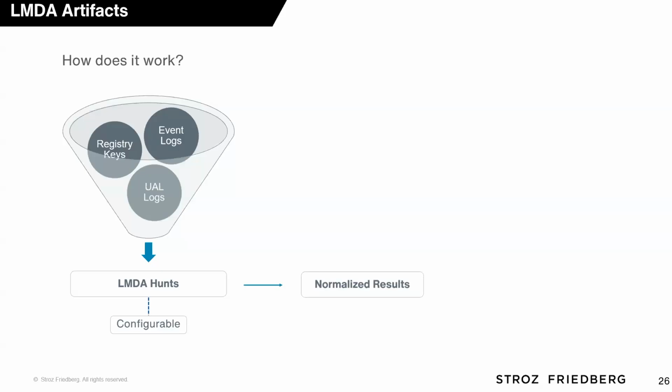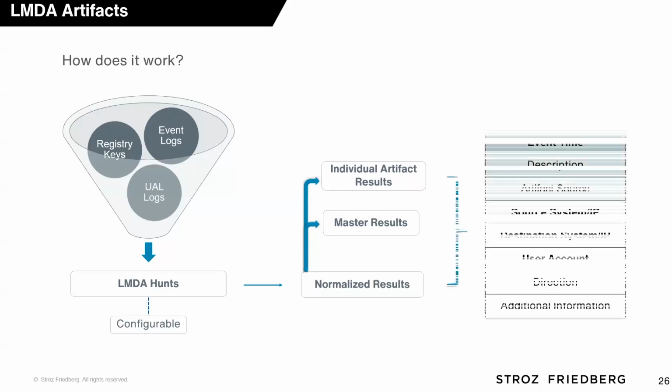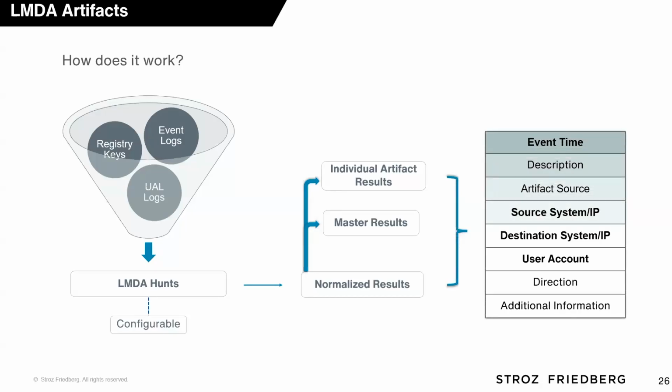Then we provide normalized results in two forms: one is the master sheet, which includes all the results in a single place, as well as individual results, so in case you want to focus on, let's say, security event logs, you have the option to do so. And these results are under specific columns, and these columns are catered to ease analysis. The columns do not include all the information, just the most useful information from an investigation perspective.